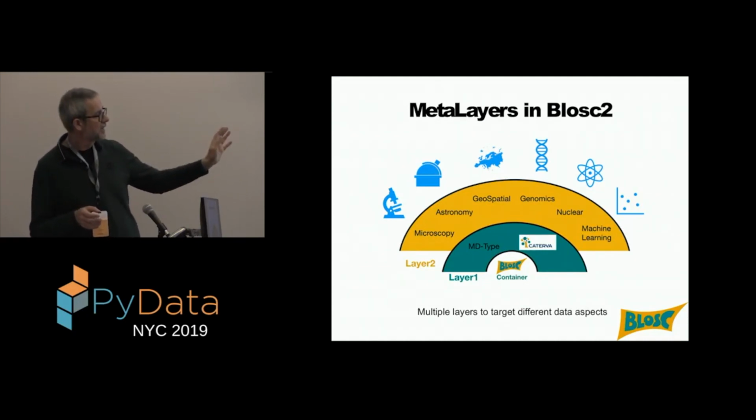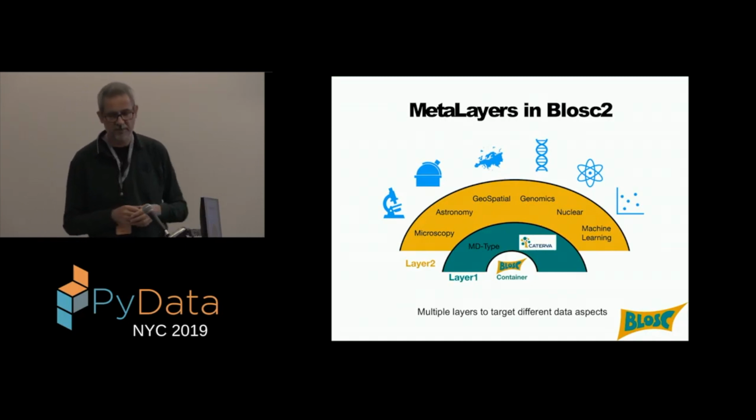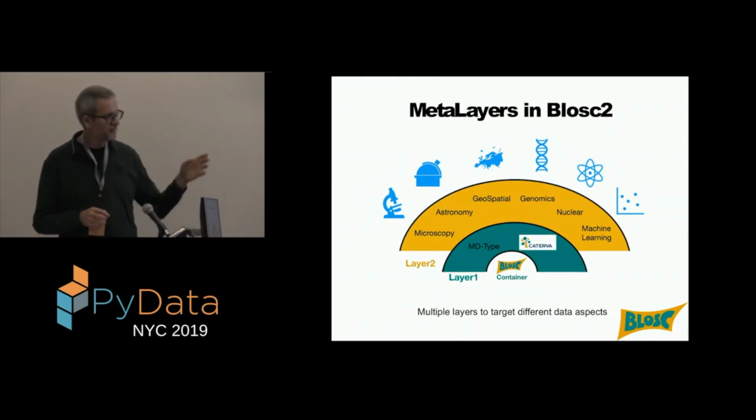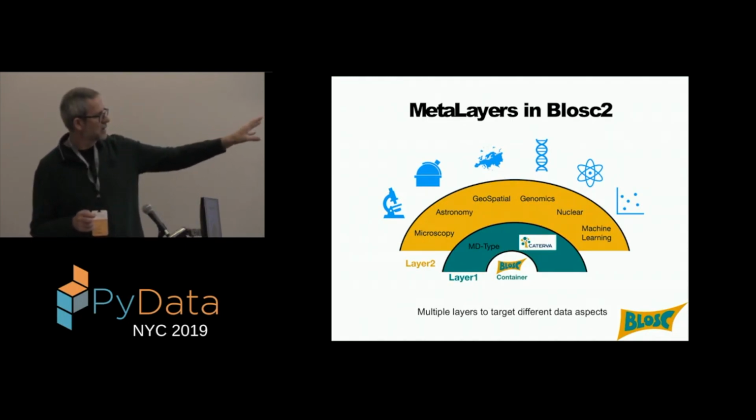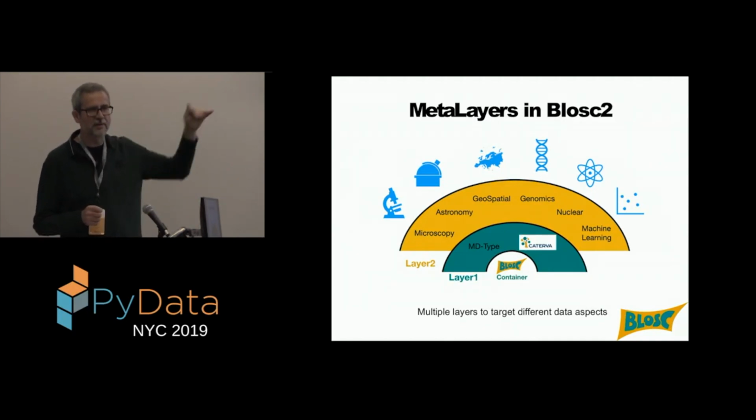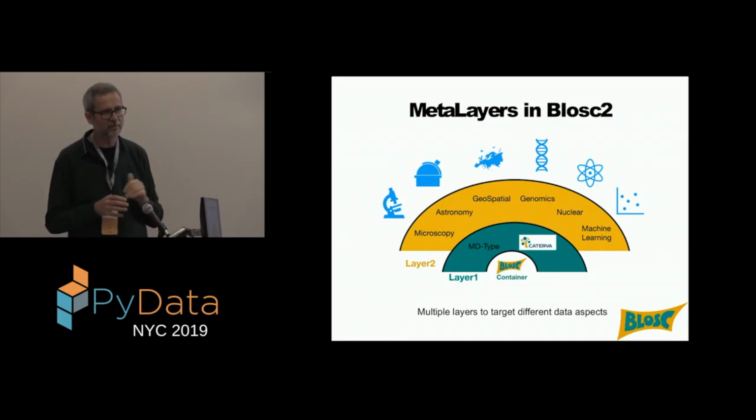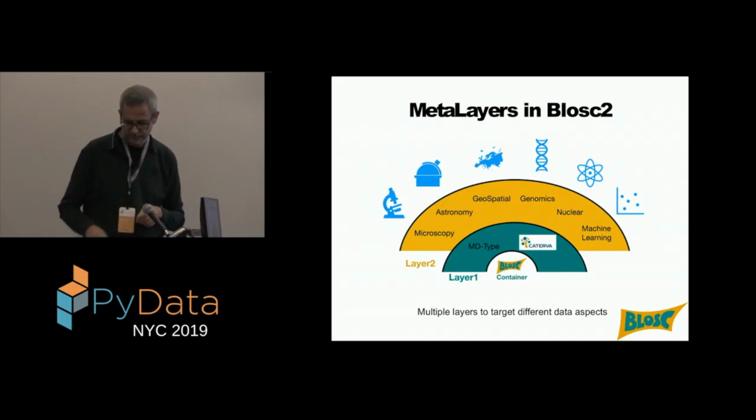But then, on top of this layer, you can put another layer, or even more layers, for describing more general situations, like data meant for microscopy, machine learning, or financial data, for example. This is very nice because it allows you to create applications that build on top of existing layers, so you don't need to add the layers by yourself.